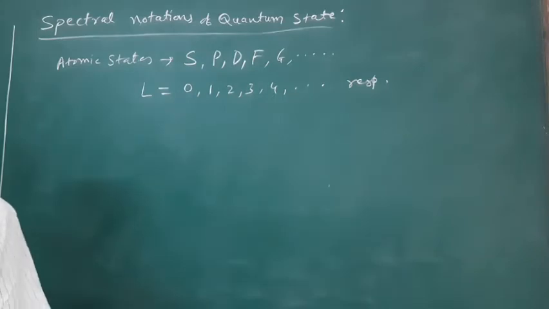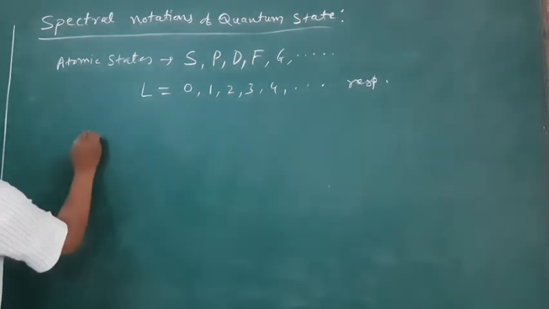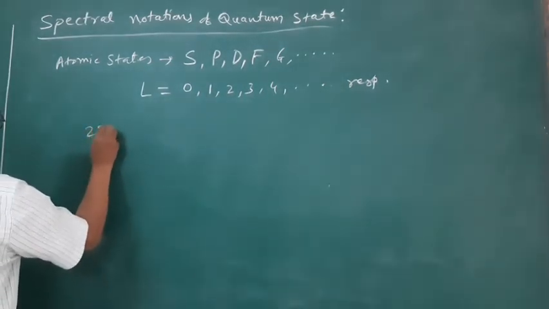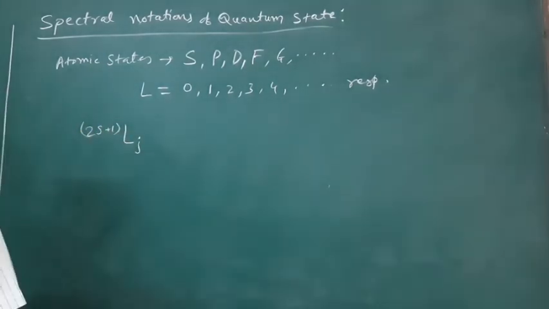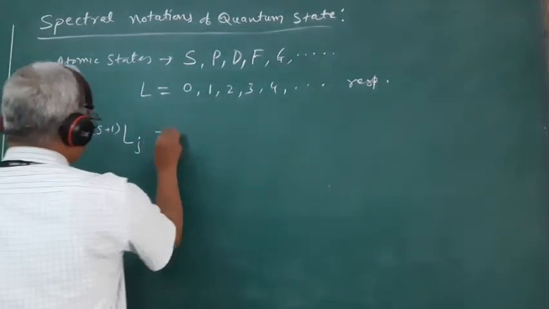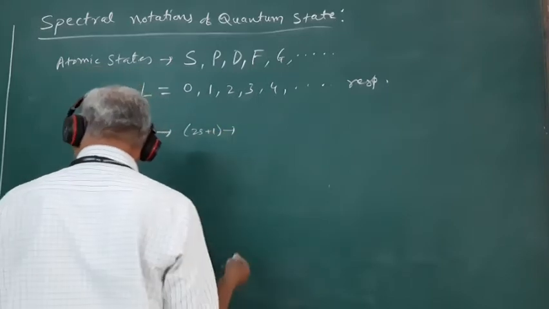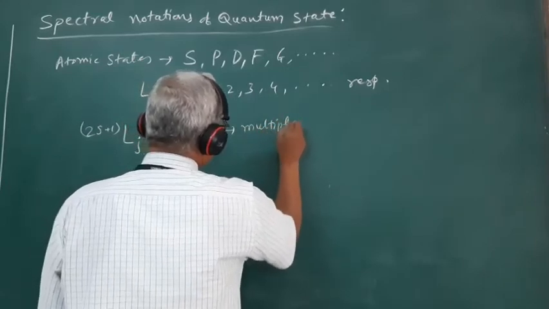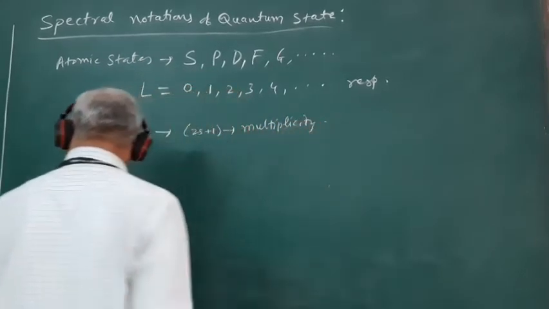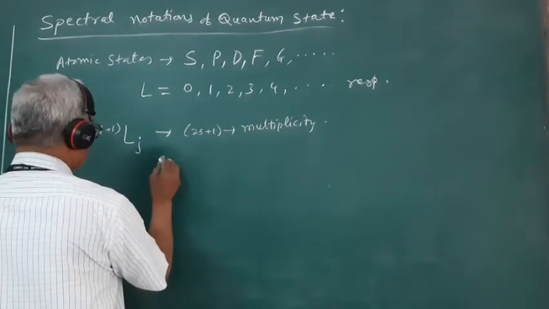Here the atomic state is denoted by using the term symbol twice S plus 1 L J. Here, twice S plus 1 is called the multiplicity, and S is equal to the summation of s_i.